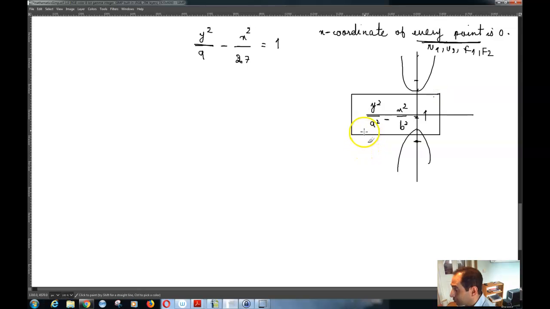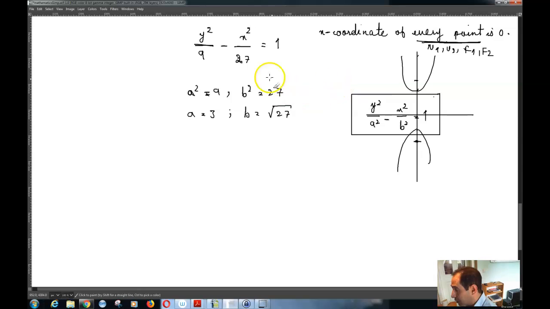Now if I compare this equation to this equation, I can easily see that a squared is equal to 9 and b squared is equal to 27. That means that a is equal to 3 and b is equal to the square root of 27.